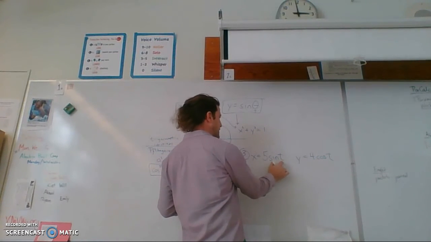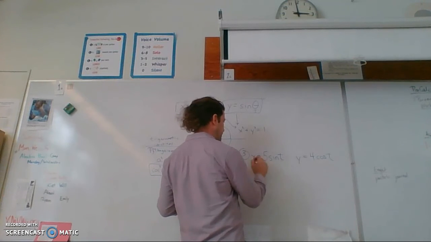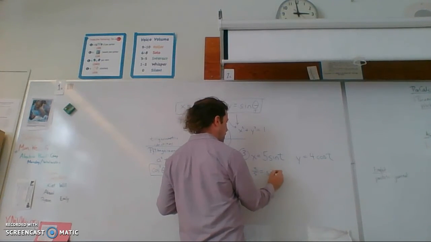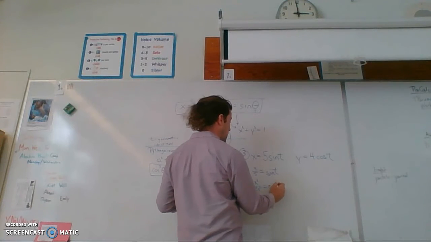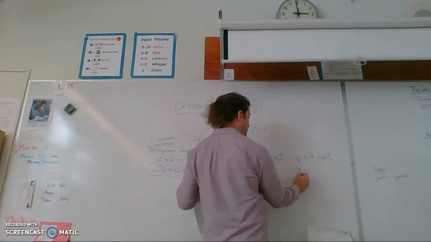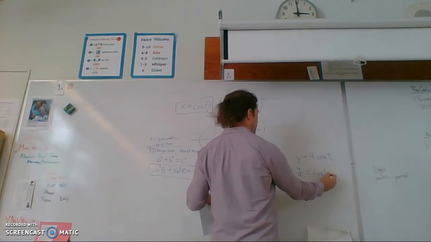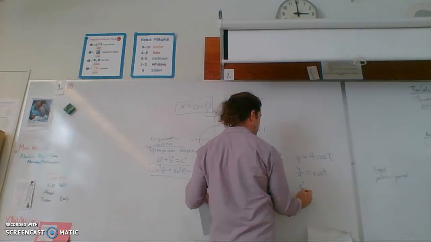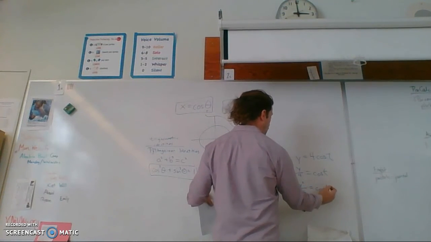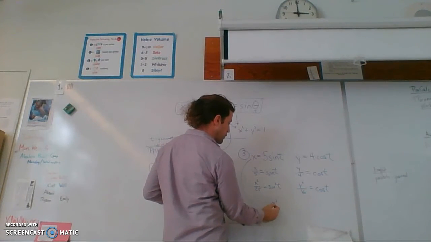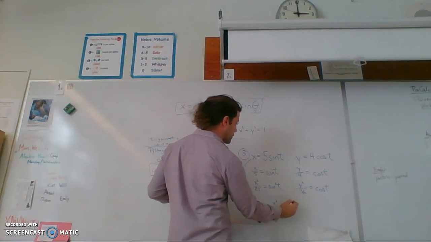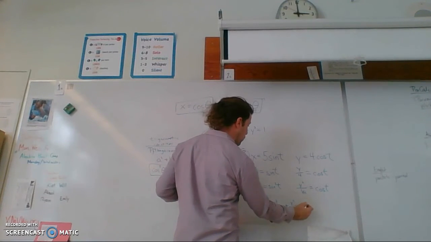So we can get sine t by itself by dividing both sides by 5 and then squaring both sides. And same thing over here: get the cosine by itself and then square both sides. And now this becomes x squared over 25 plus y squared over 16 equals 1.